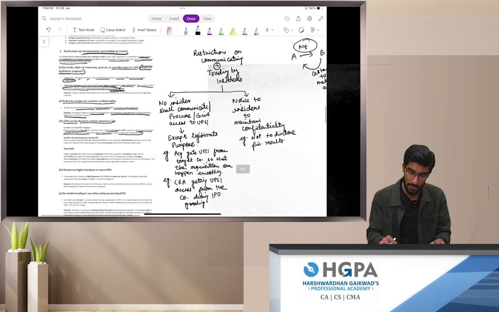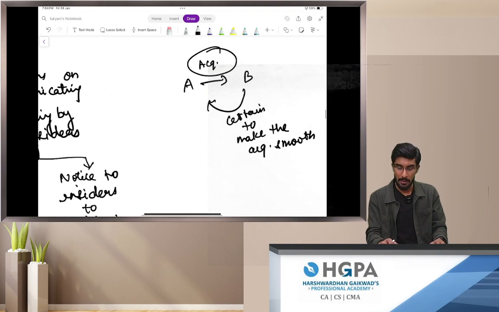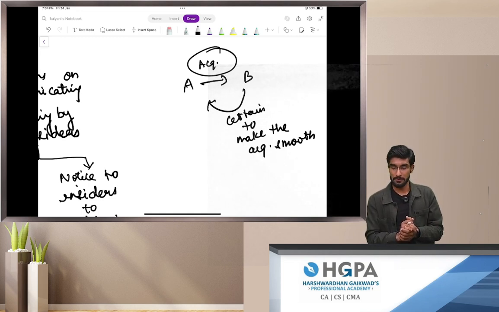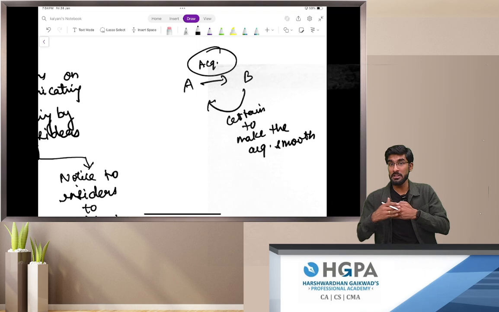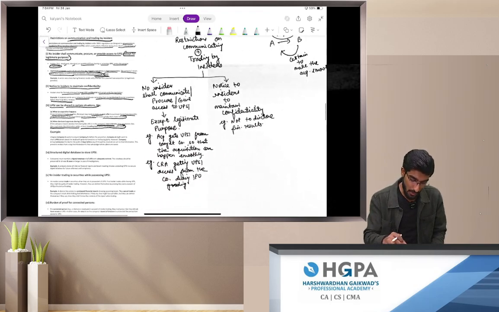For example, if company A is acquiring company B, only A and B know about this acquisition. Before the transaction takes place, 2 days before, this news should be sent out in public. This will obviously be with the consent of the board. This is what it is saying.